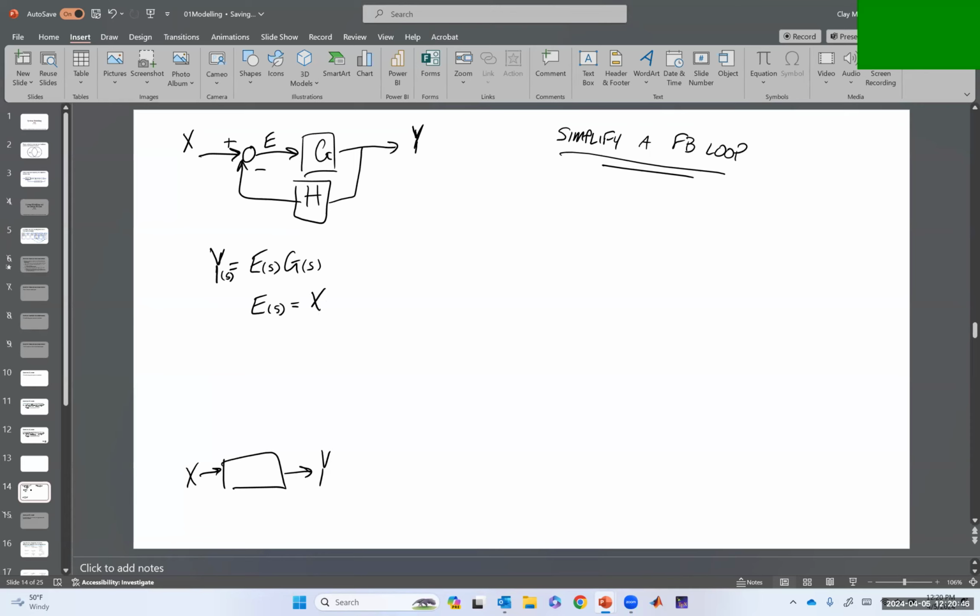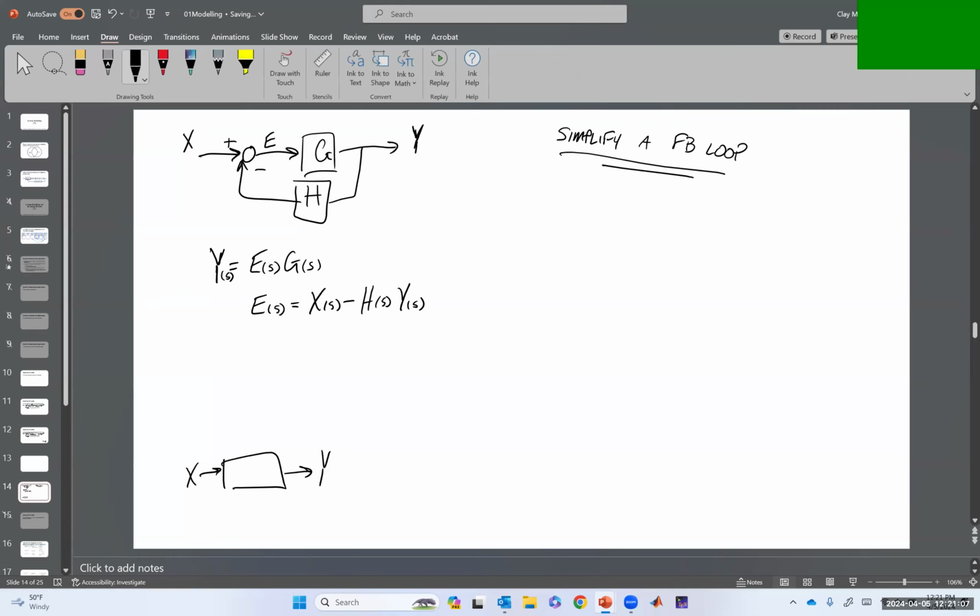E is the difference between X and this thing, which we could write as H times Y. Okay, so I'm going to take this and sub it into here, which gives me Y of S is G times all of this stuff. So X G minus Y G H.